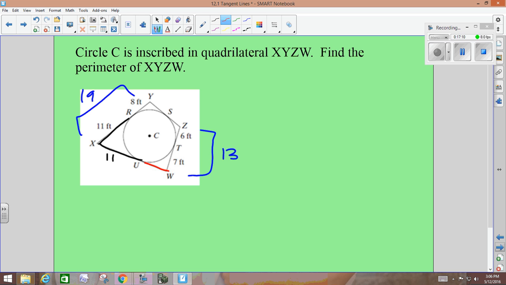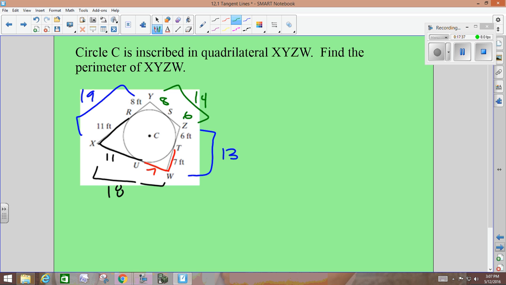Do I have another segment that's at W? And it goes up. It's 7, good, because that's got to be congruent to TW, right? Okay, so I know down this side length is 18. What about at the top, Sam? What's YS going to be? What about SZ?